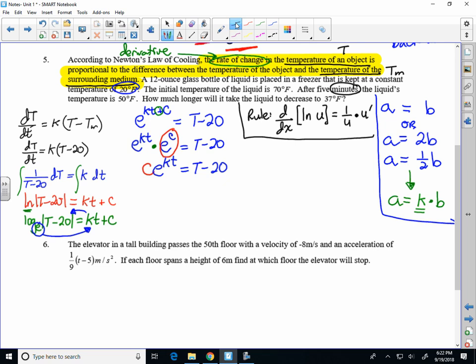All right, so now if I add the 20 to both sides, I have an explicit equation, meaning an equation where I was able to solve for one variable in terms of the other. It's definitely a lot nicer than the natural log of the absolute value of t minus 20 equals kt plus c.